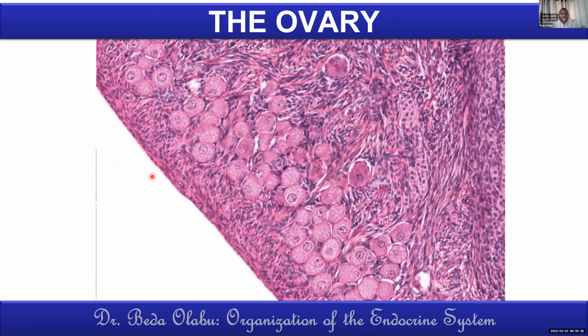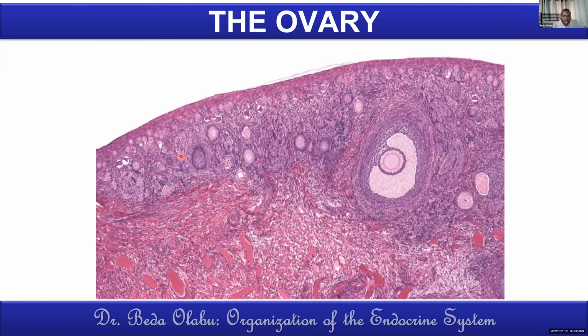So the ovarian capsule consists of the germinal epithelium, a simple cuboidal epithelium external, and the tunica albuginea. Maybe the previous slide has a better one. So this is the tunica albuginea, and if you look carefully, there are some thin cells on that other end, which we call the germinal epithelium of the ovary. Right, so that's the capsule.